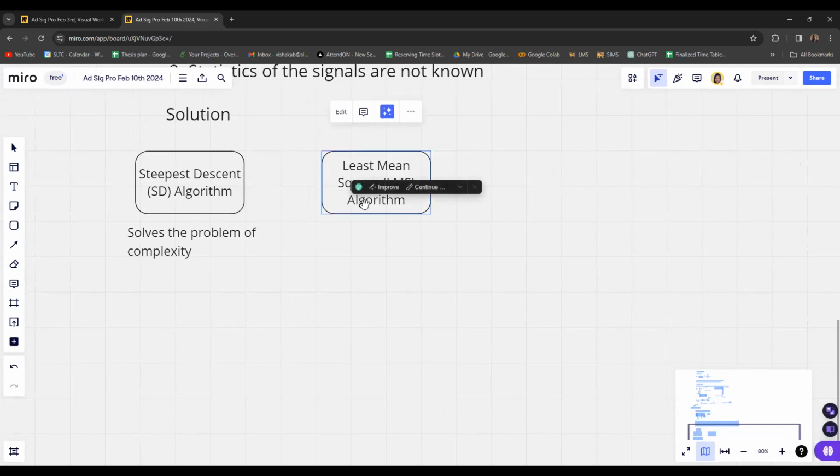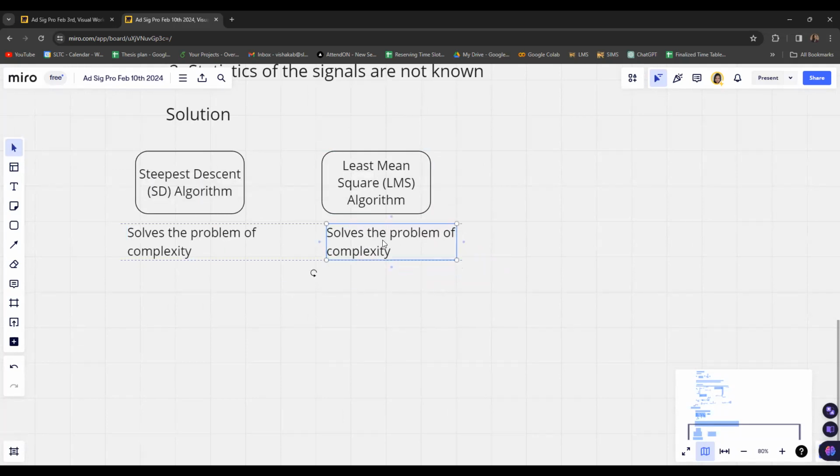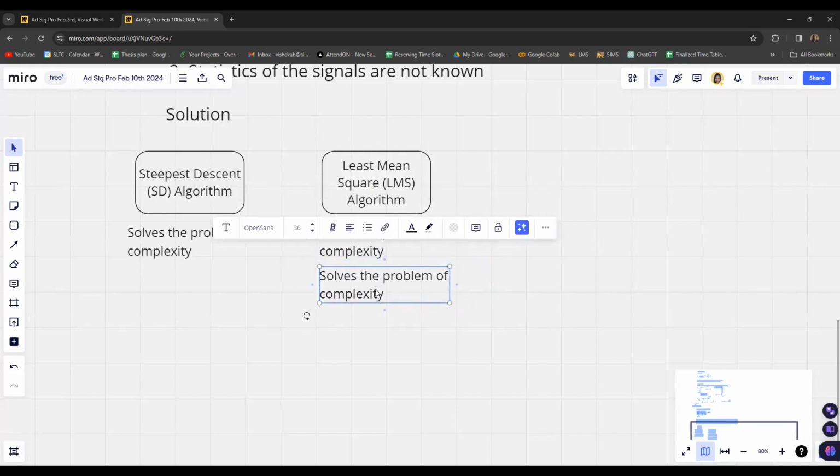The least mean squares algorithm has many advantages. It not only solves the problem of complexity, but also finds optimal values of filter coefficients in cases where we don't know the statistics of the input signals.